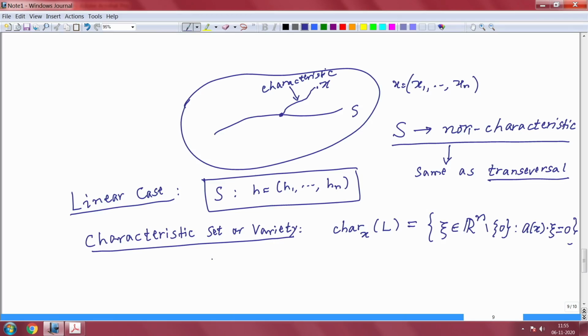So, remember A comes from the PDE, those coefficients A1, A2, ..., An, and if you take the union of this, Char x of L, so L is the operator A dot del, a first order linear operator.